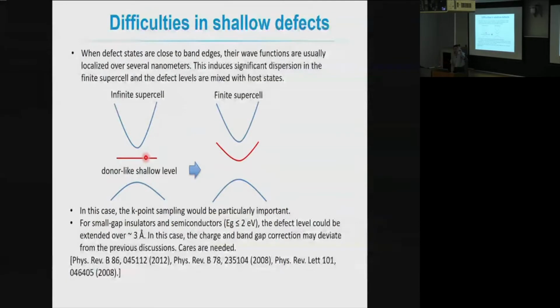In MgO, the band gap is quite big, so the wave function is quite localized. But for those semiconducting materials, even though the defect level is in the middle of the band gap, it is quite dispersive. Therefore, the charge and band gap corrections may not behave as nicely as we have seen in this class.